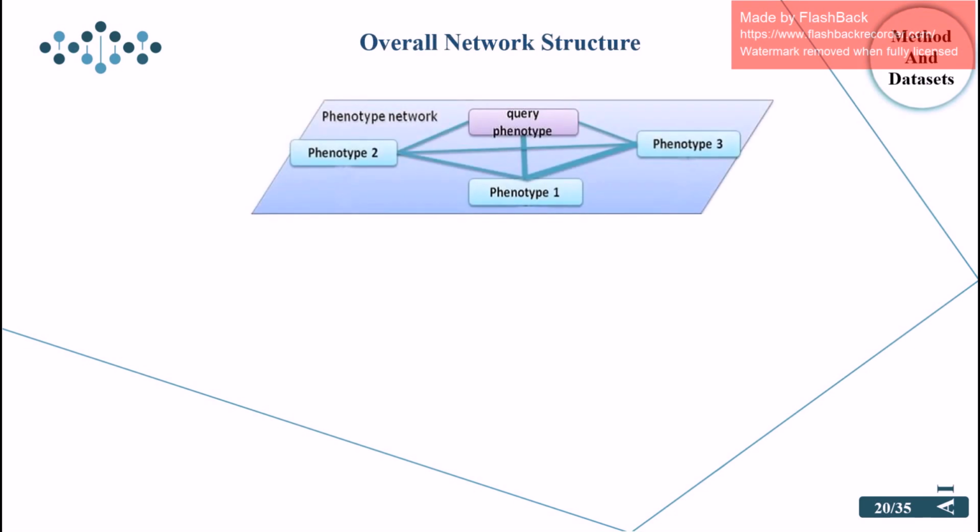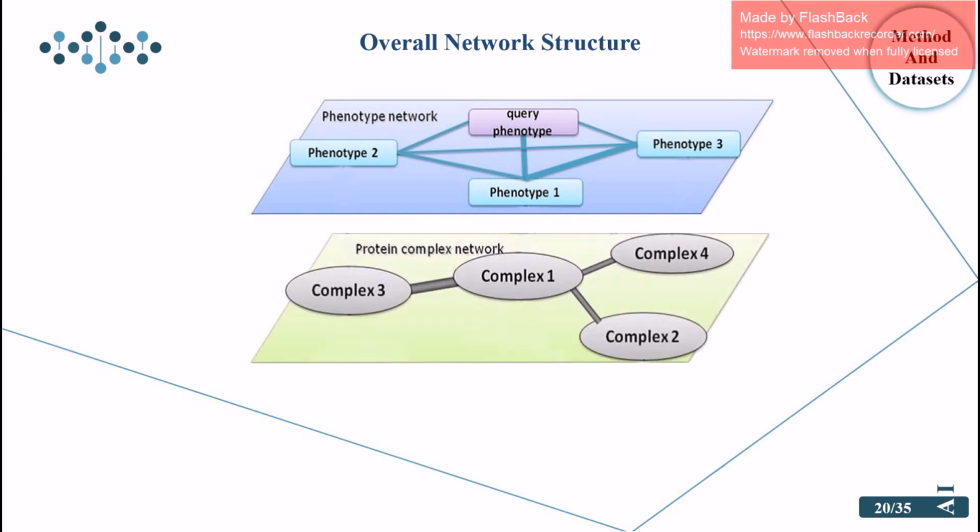Now I want to explain the overall structure of our heterogeneous network. Our network has three separate layers. In the first layer, we have a phenotypic network which contains the disease phenotypes and their interactions. In the second layer, we have protein complex networks, which are extracted from the CORUM dataset.